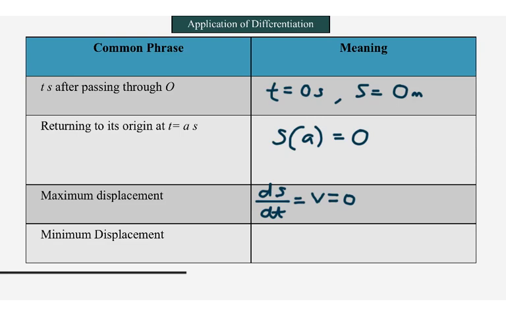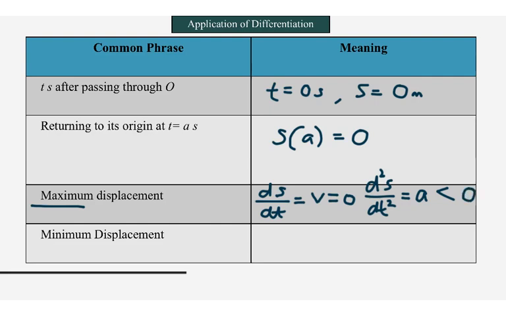That is the reason why velocity equals 0. It also correlates to another piece of information, where the second derivative of displacement over time is equivalent to acceleration. So when we are talking about maximum displacement, the acceleration must always be less than 0.